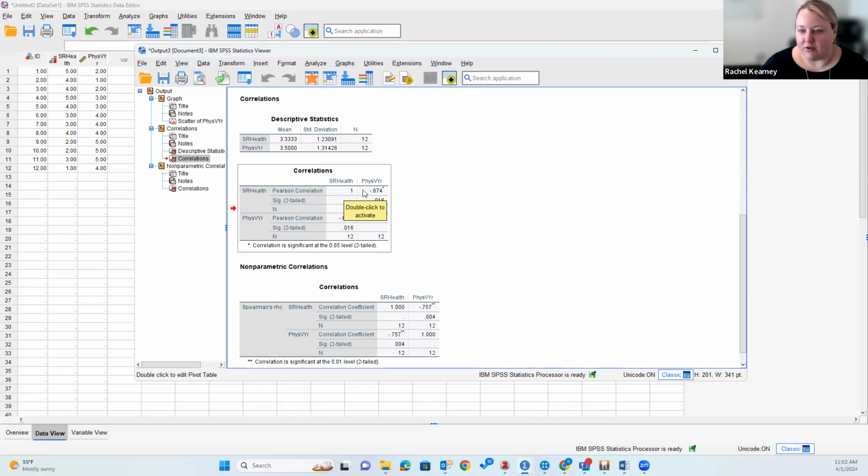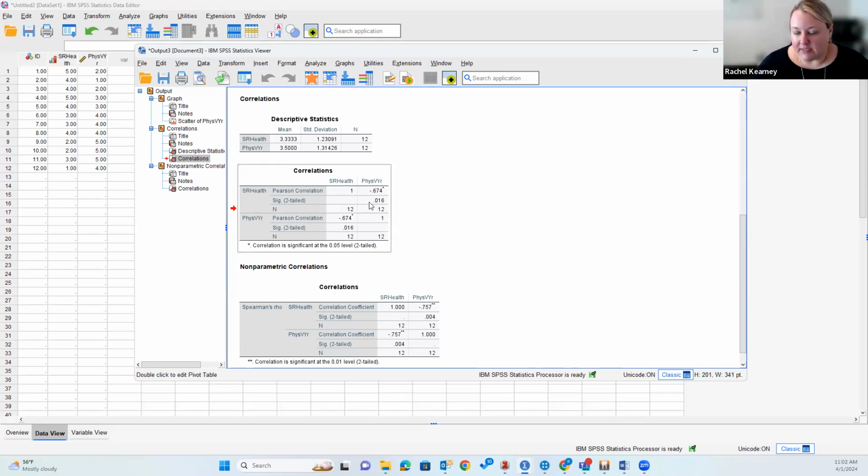Self-rated health compared to how many physician visits per year is negative 0.674. So that is your correlation, that's what your R equals, and it is a negative correlation. Remember that 1 is the strongest correlation and 0 is the weakest correlation, so you're in a moderate correlation.